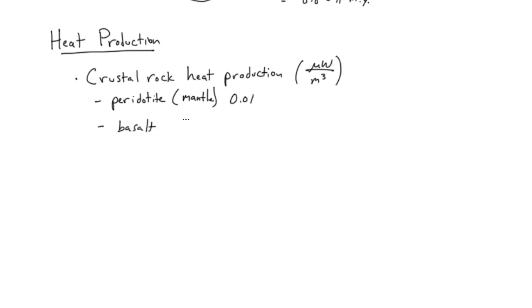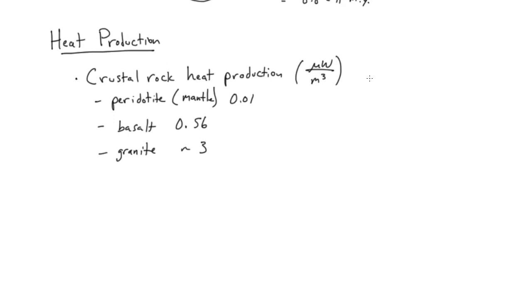Basalt is closer to 0.5. And granite is around 3 microwatts per meter cubed. So there's a lot more heat. The crust has a lot more of these radioactive elements.